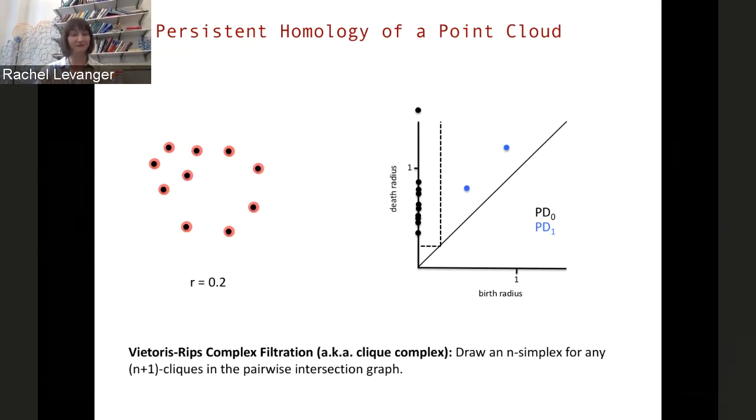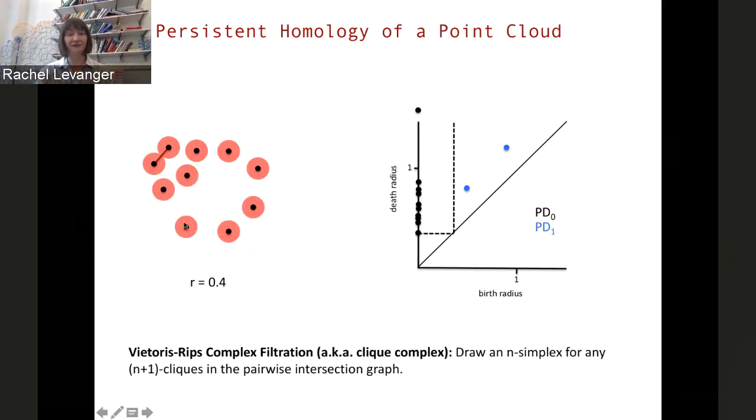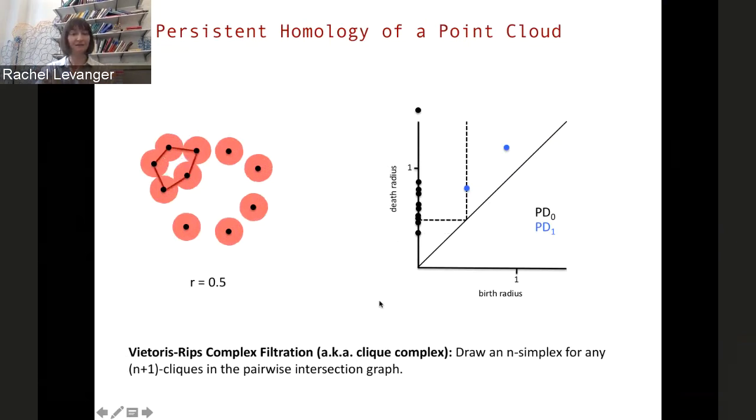As our balls of radius r increase, eventually our isolated connected components will start merging. So edges start getting thrown in, and we can log that on our persistence diagram as a connected component that has died at this radius.